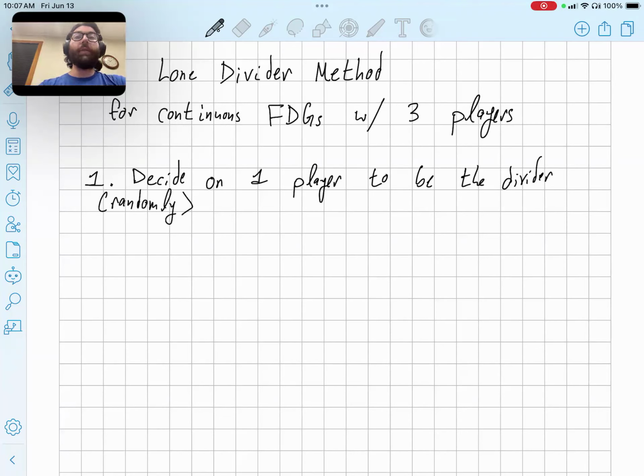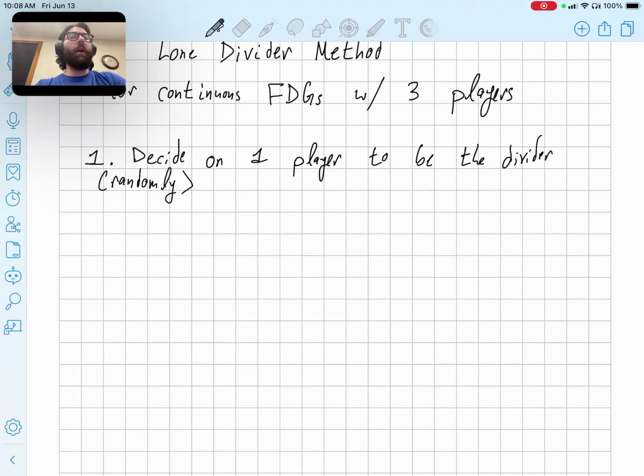Because just like for divider chooser, which guaranteed exactly 50% of the total value for the divider, whereas the chooser could get 50% or more. So divider got exactly 50%, chooser got at least 50% in their opinion. And so just like for divider chooser, for the lone divider method, the divider is always going to have 33 and 1/3% of the total assets in their opinion, whereas the other 2 players could get more.